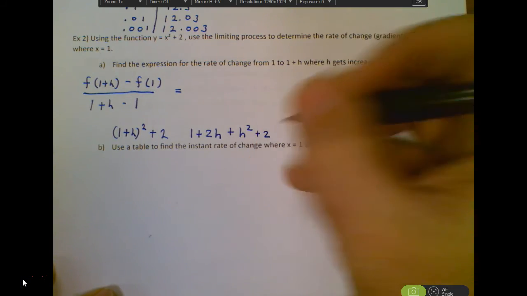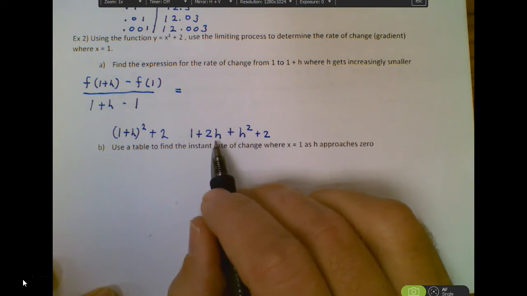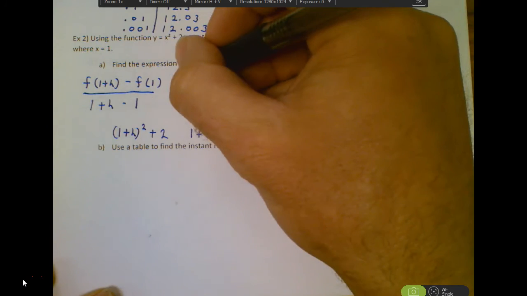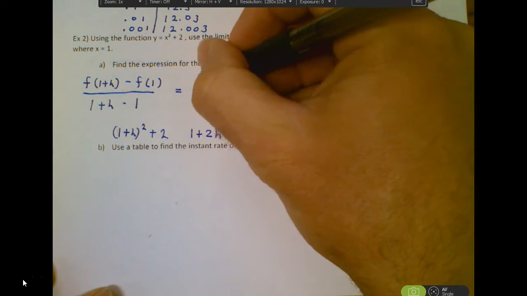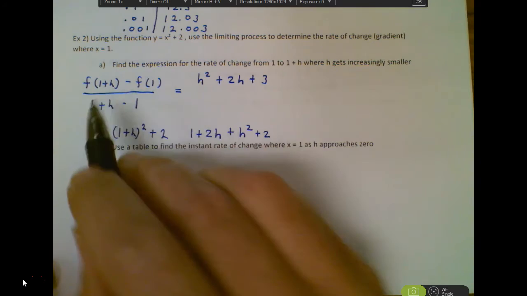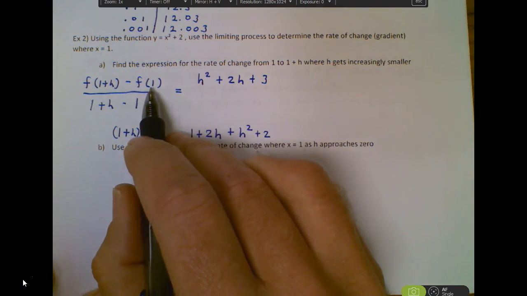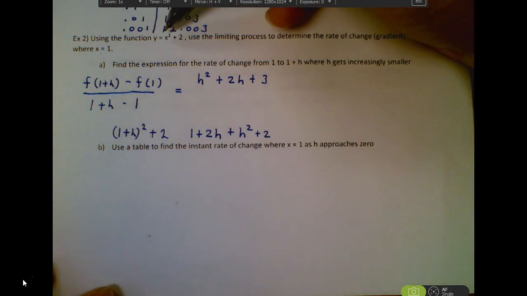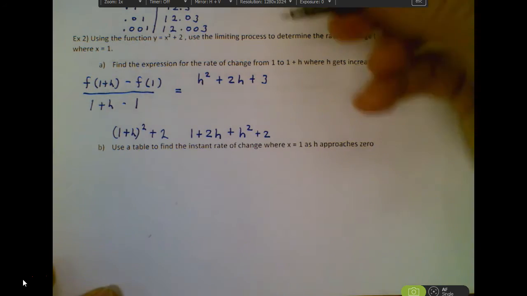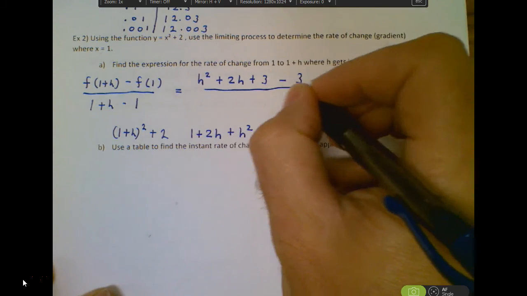A little plus 2 at the end. So combine like terms, and I'll put it in order, h squared plus 2h plus 3 is that y coordinate. Then I'm going to subtract what I get when I plug in a 1. So if I did 1 squared plus 2, I get 3. So there's my other y value.